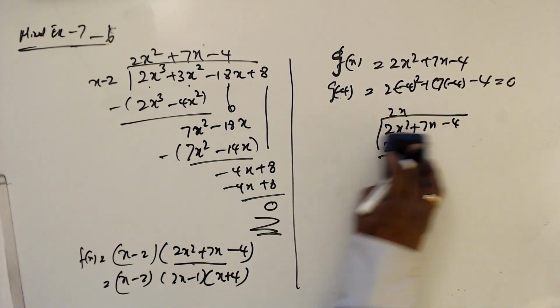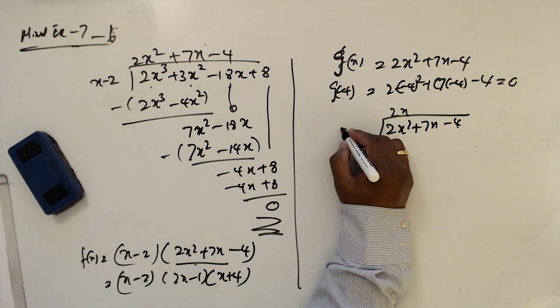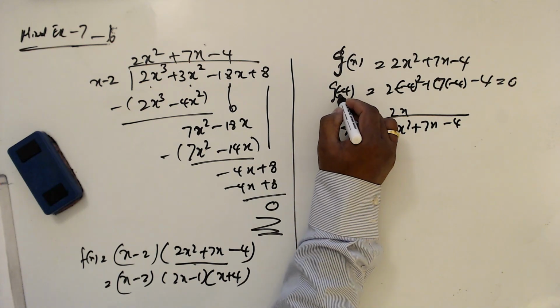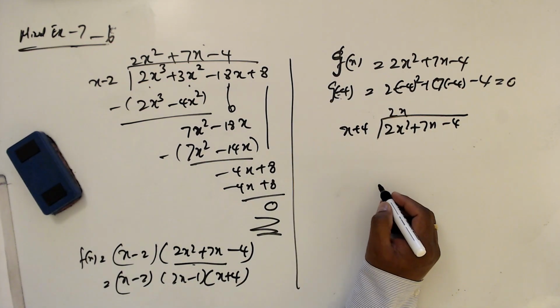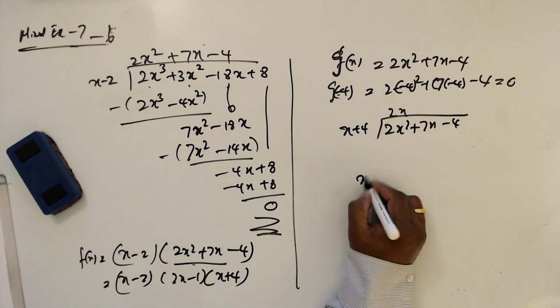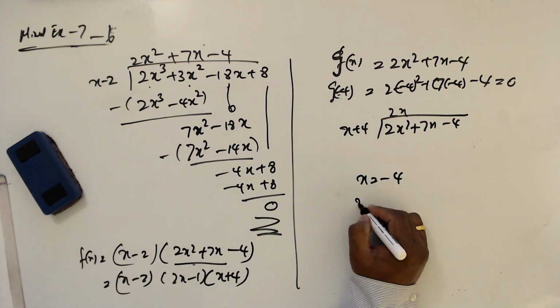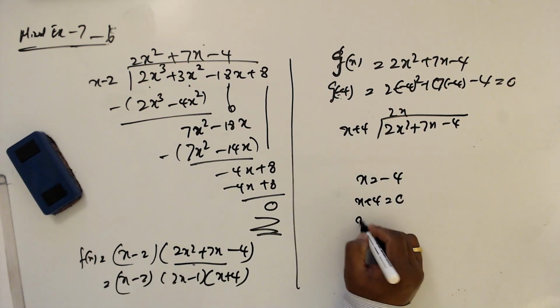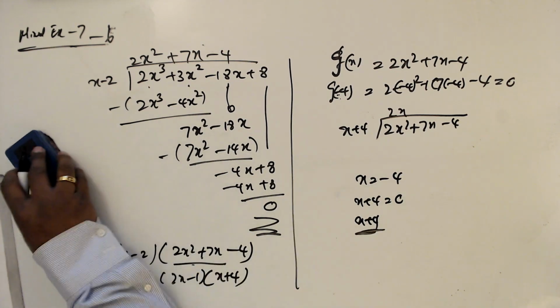I'm dividing with the wrong one. So it has to be x plus 4, because the minus 4 value will give 0. So x equal minus 4 gives 0, then x plus 4 equals 0. It means x plus 4 is a factor.